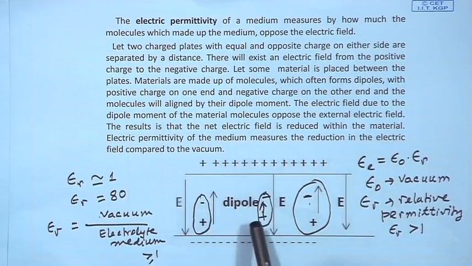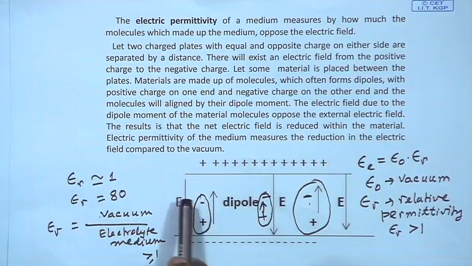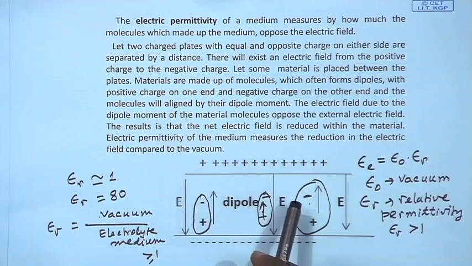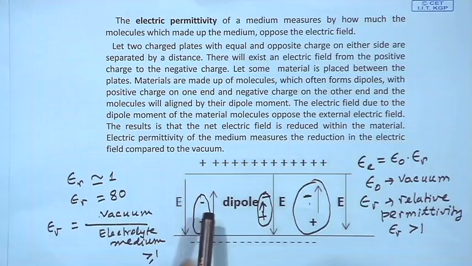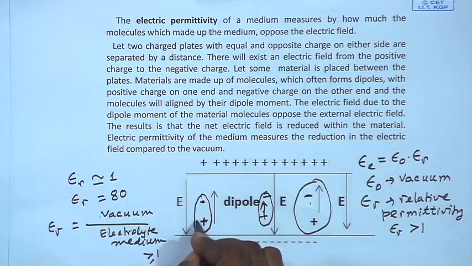Now, this medium is composed of, say, water or something, made up of molecules of course. Each molecule will form a dipole to oppose the electric field, so the dipoles will arrange themselves as minus, plus.